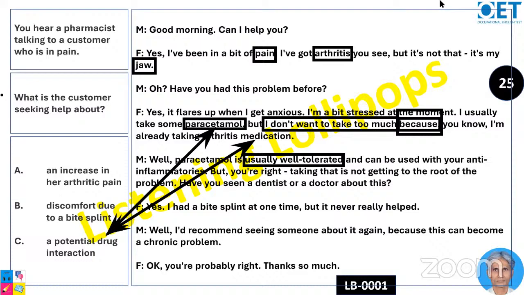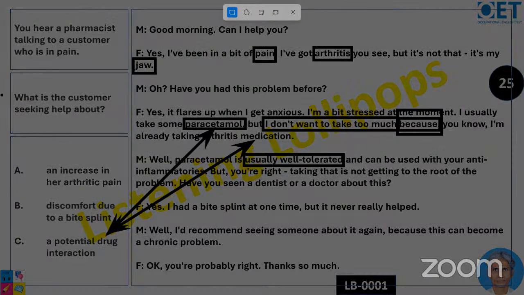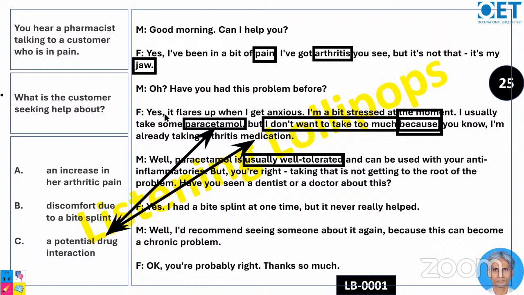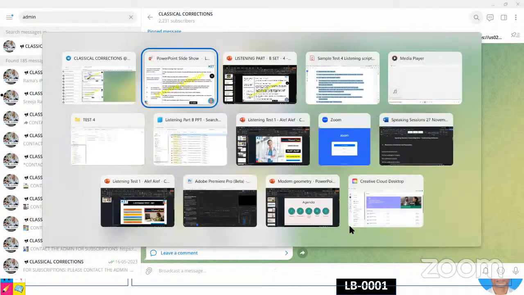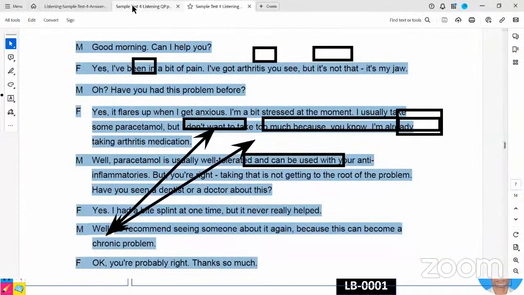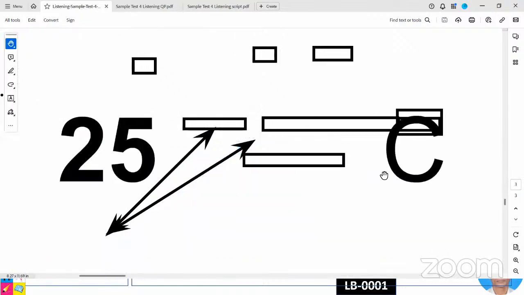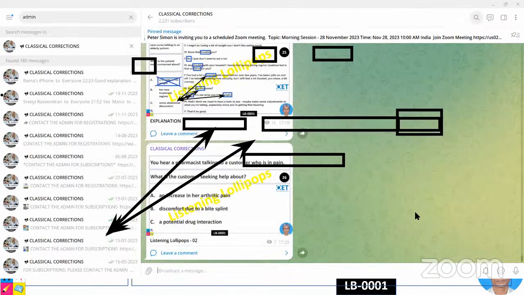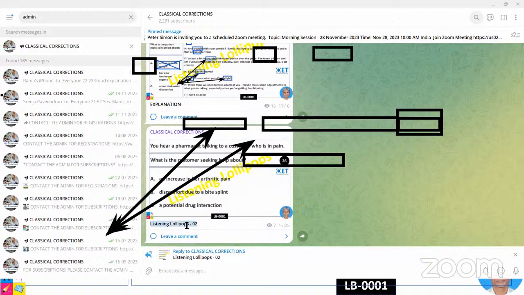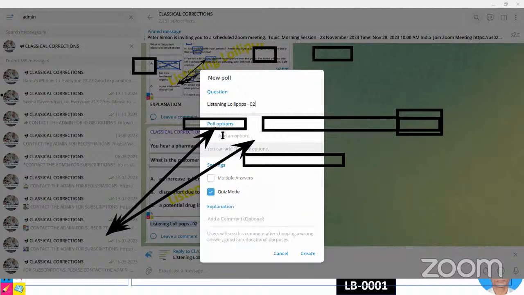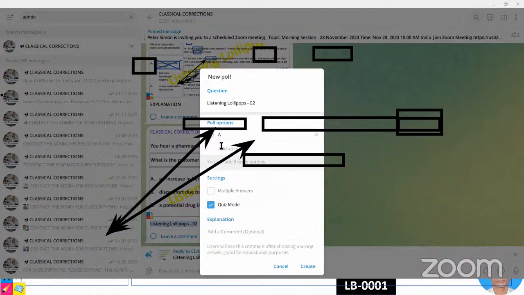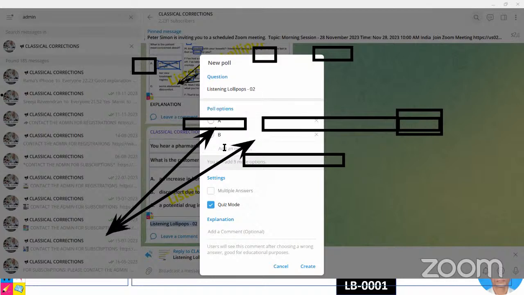This is the way you have to understand. Print screen. Okay. So the answer is C.